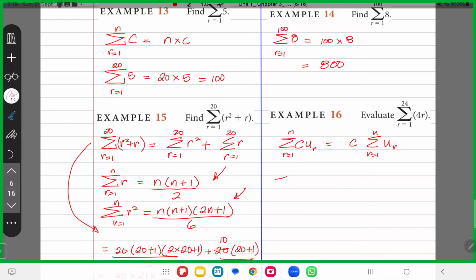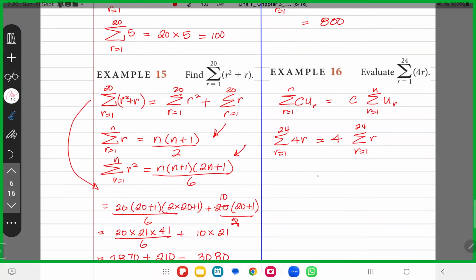So that means the sum from R equals 1 to 24 of 4R is the same as saying 4 times the sum from R equals 1 to 24 of R, and this would be equal to 4 multiplied by the sum of this series, which is 24 multiplied by 24 plus 1 all over 2.